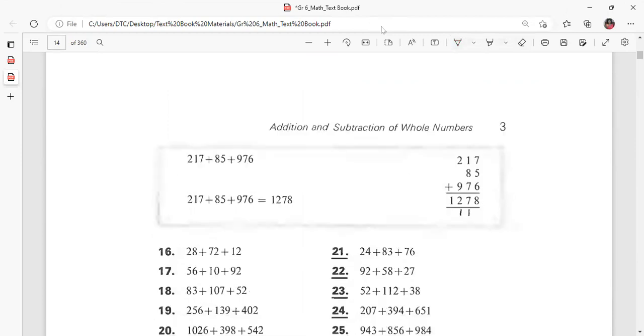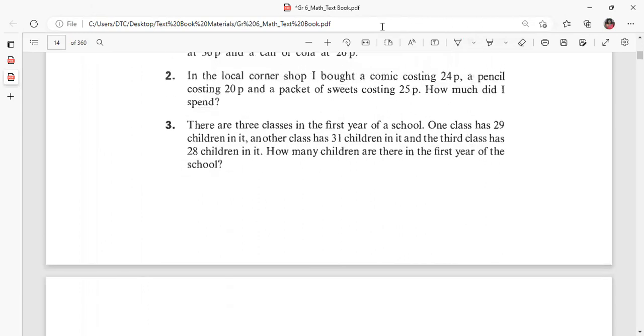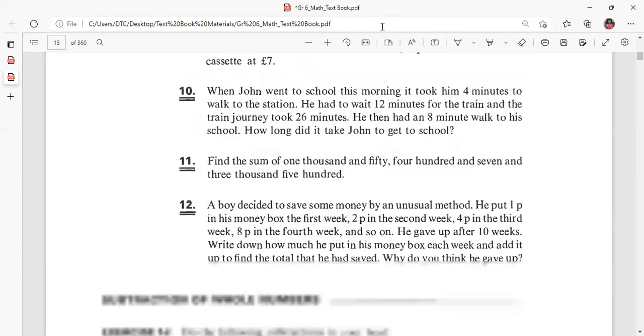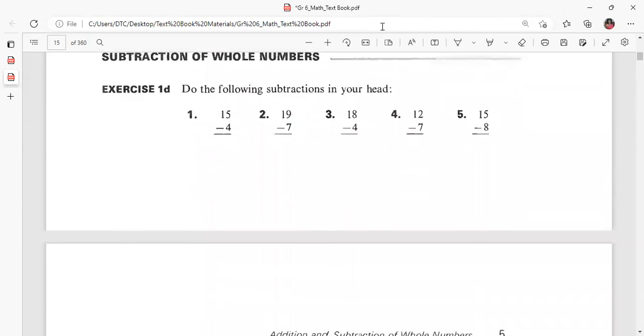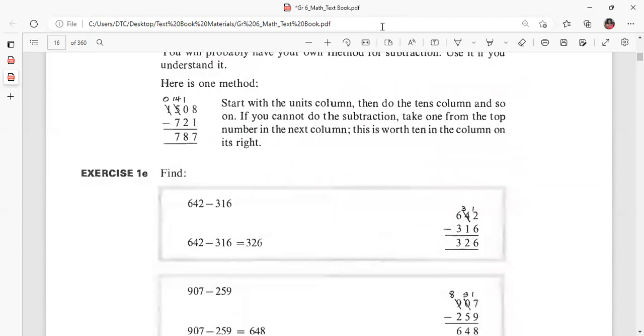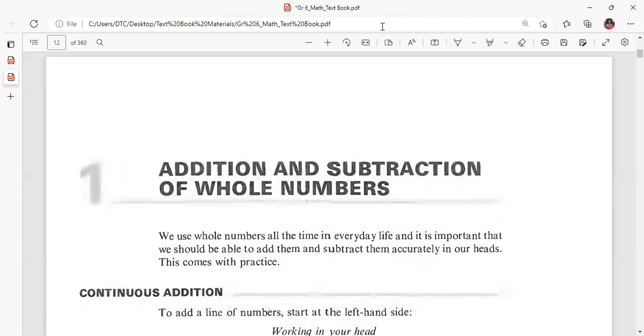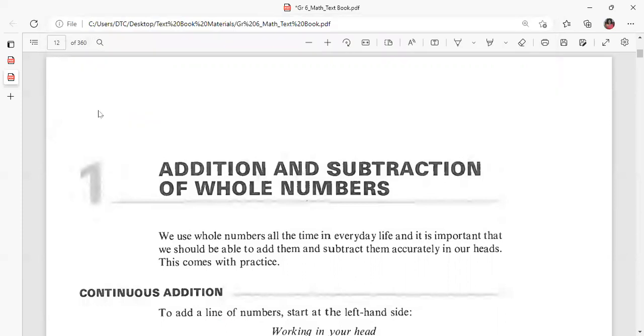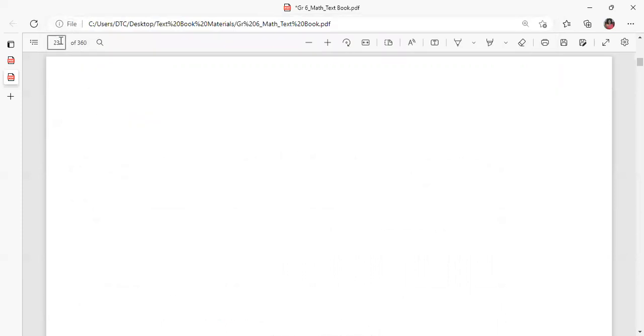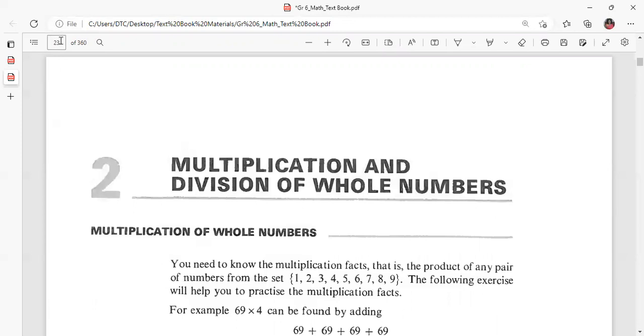Likewise, you have examples to follow. If you feel that you don't have enough confidence to go through all the questions in the paper, you take your textbook and go to chapter 1 and chapter 2. This is chapter 1, addition and subtraction. Then chapter 2.